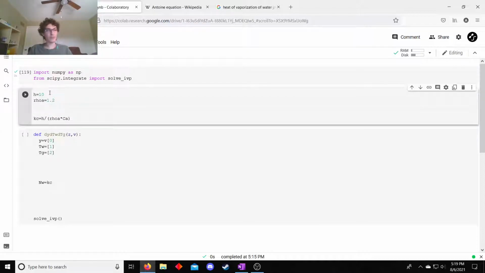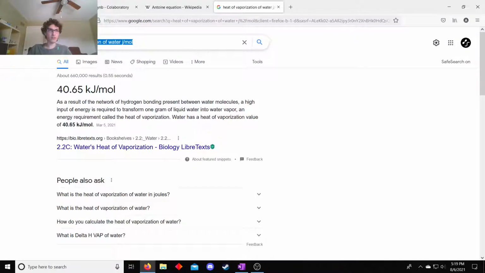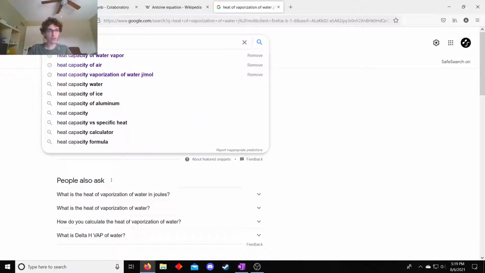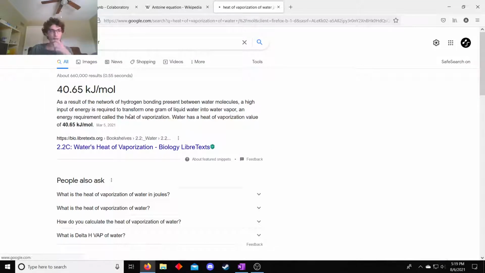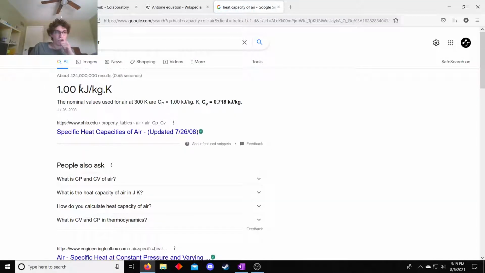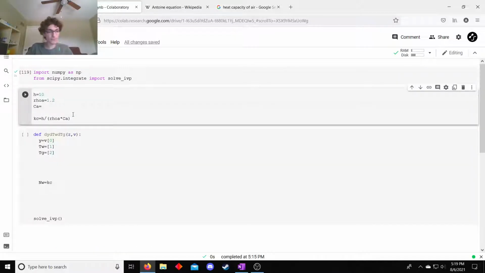The heat capacity of air, okay, this is in kilojoules. It's 1 kilojoule per kilogram Kelvin. We want this in joules, so it's going to be about 1,000.